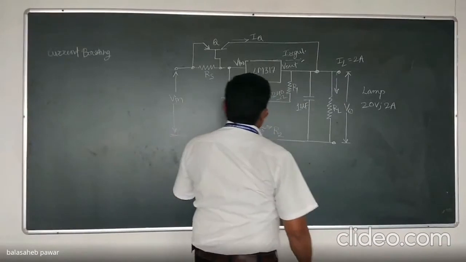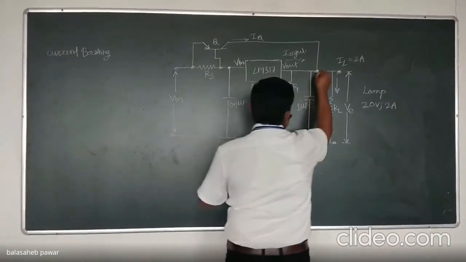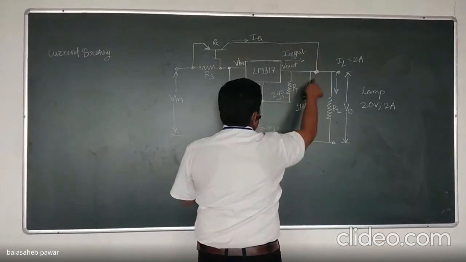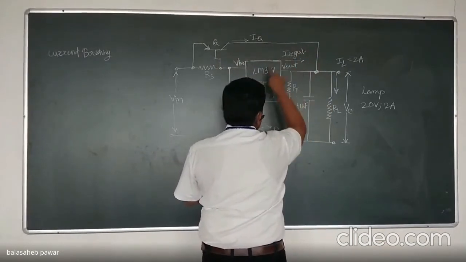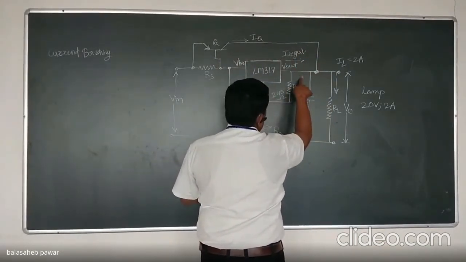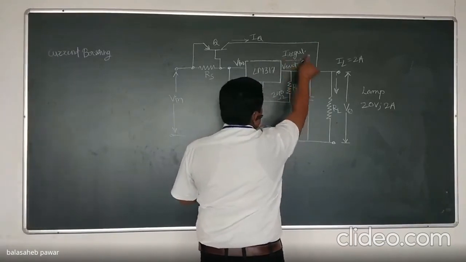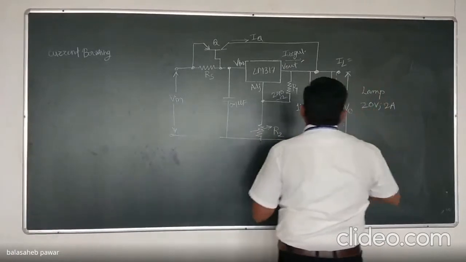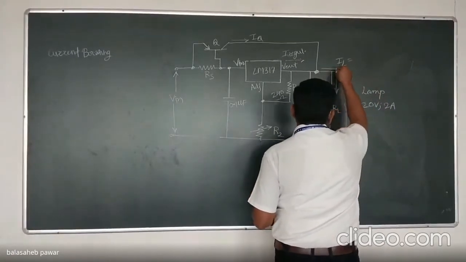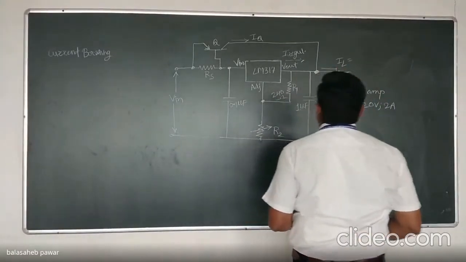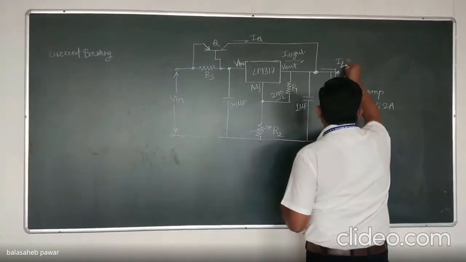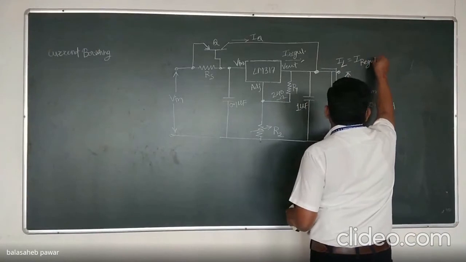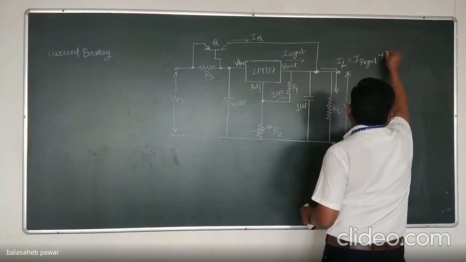So see, you will observe there are two currents at this node. Some current is coming from the transistor, that is IQ, and some current is coming from the regulator from its output terminal. I will call it as I regulator, right? So here I can say the net output current, by applying KCL, you can easily write over here IL equals to I regulator plus IQ.